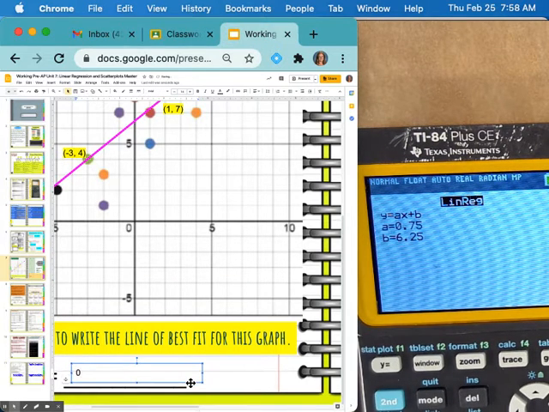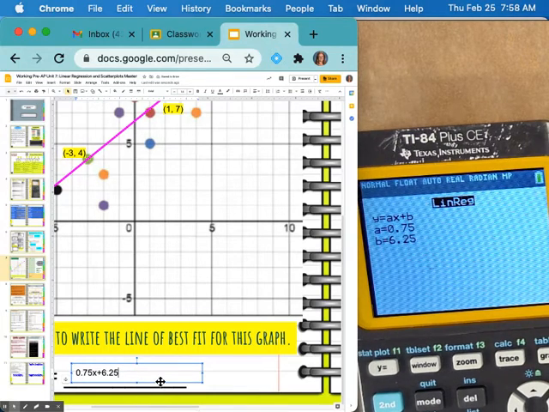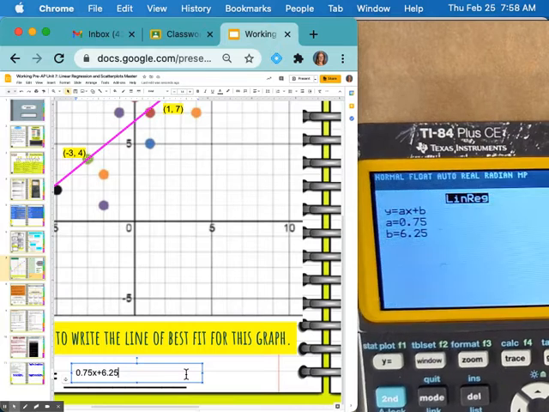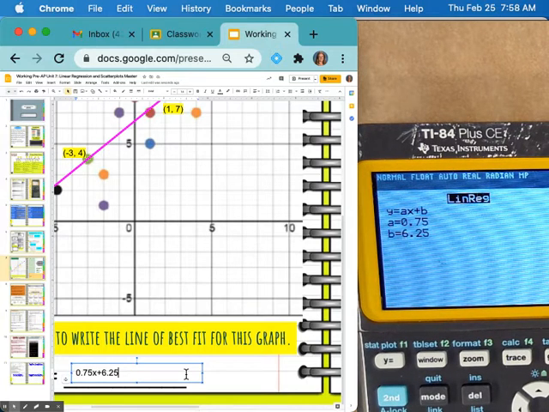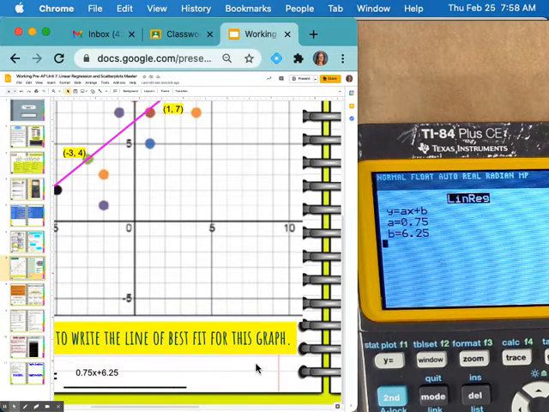So it'd be 0.75x plus 6.25. There we go. So this is our trend line.